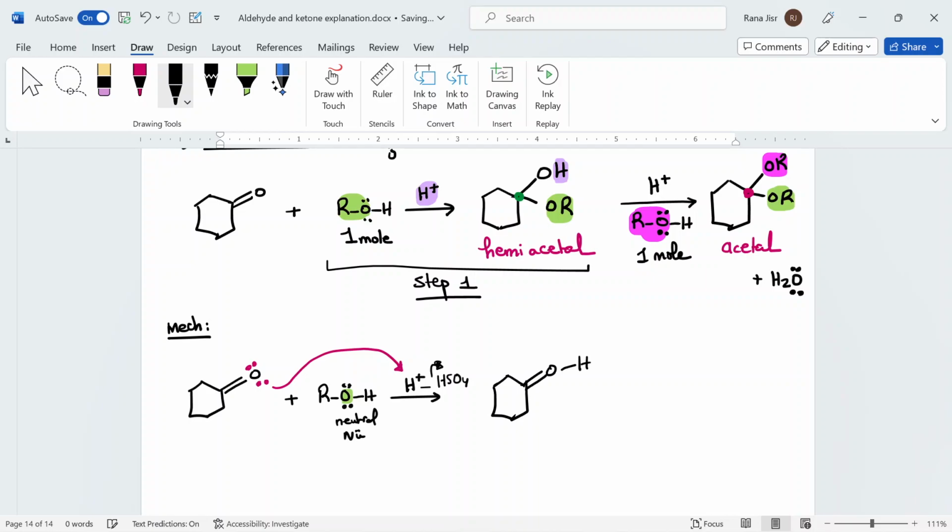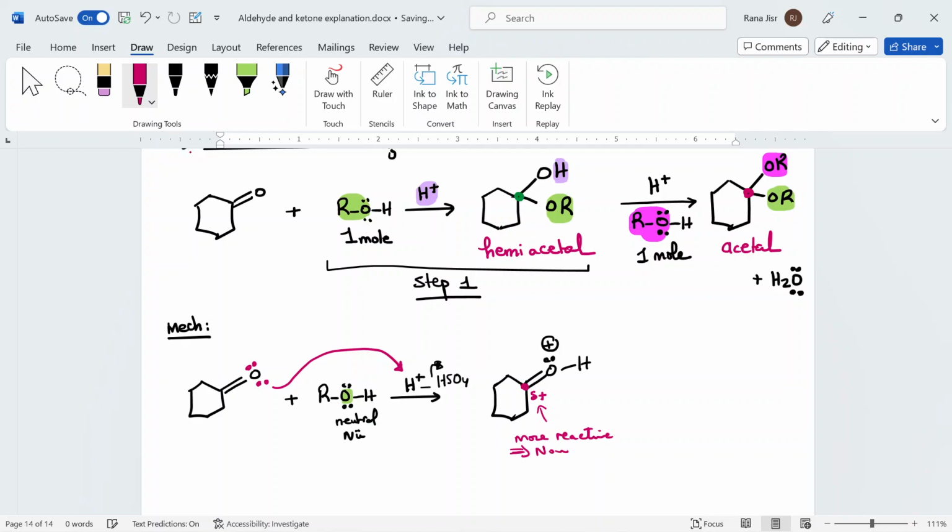Here you go. Once you protonate the carbonyl, it's going to have a plus charge. What you did to this carbon is now make it partial positive, and this carbon is now way more reactive. So this partial positive carbon is more reactive so that the neutral nucleophile can come and attack.